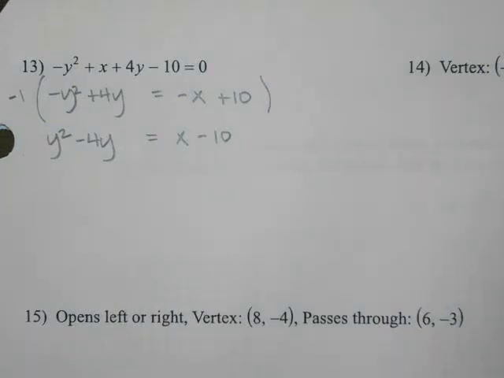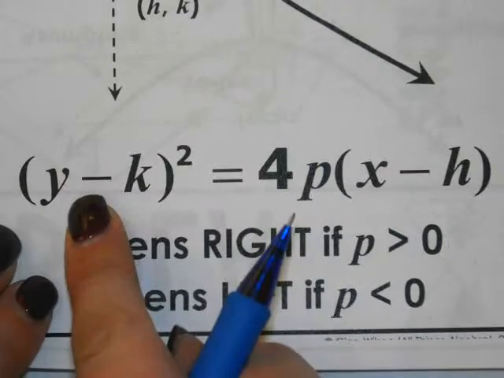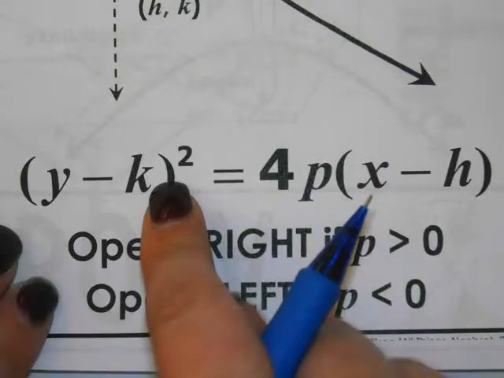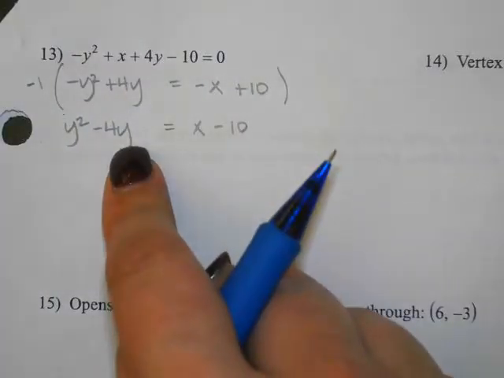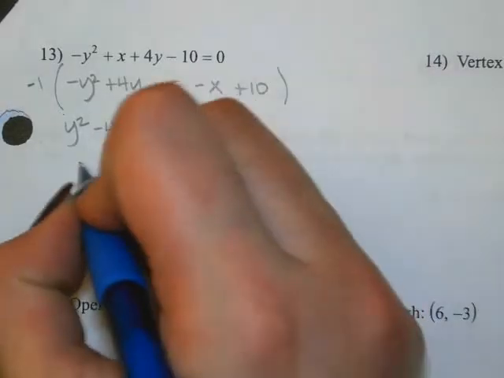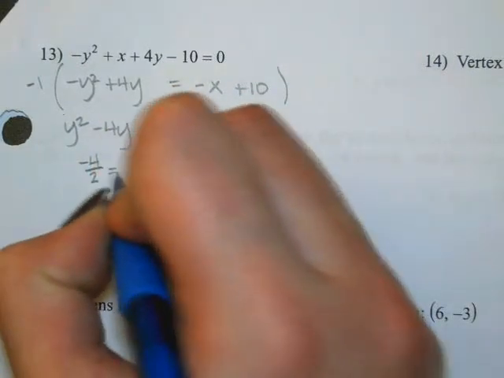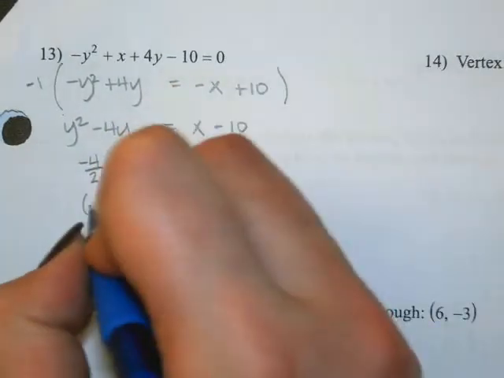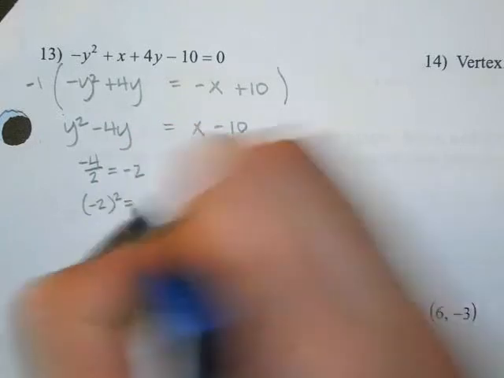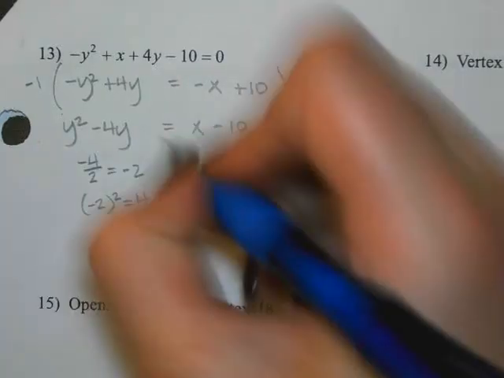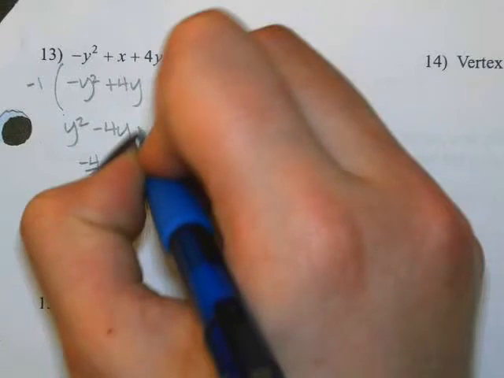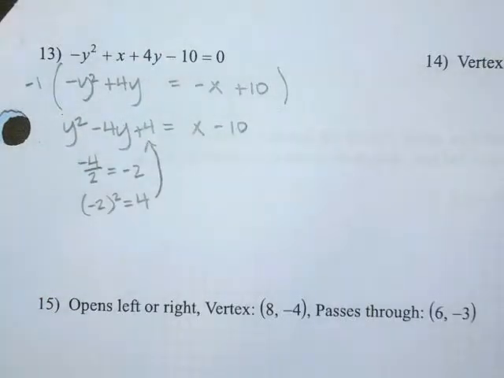Okay. So now I have to complete the square over here because I want this to look like y minus a number squared. So how do I complete the square? Divide by 2. So -4 divided by 2 is -2. -2 squared is 4. So I have to add 4 to the left side of the equation.